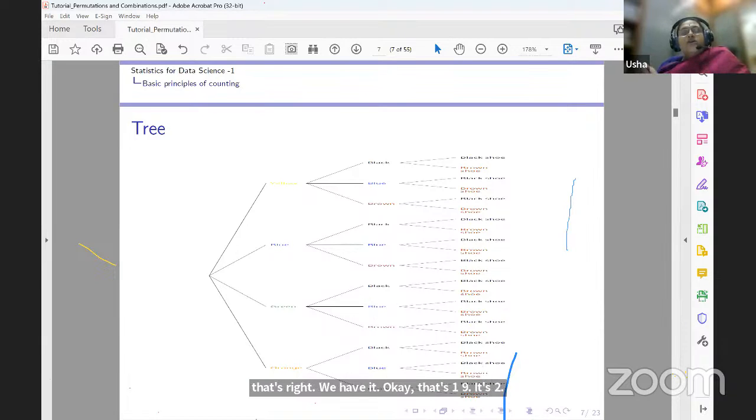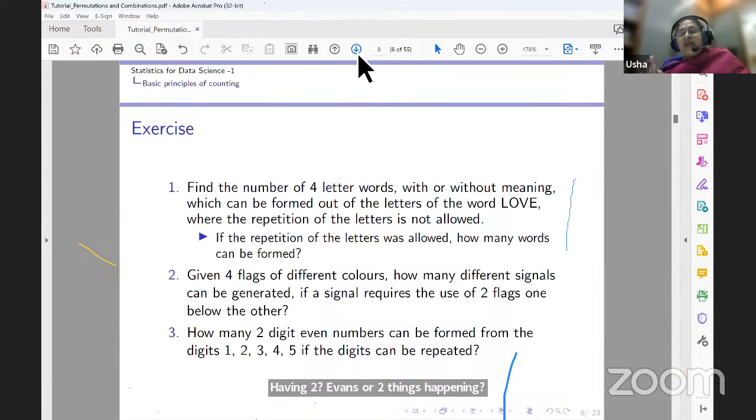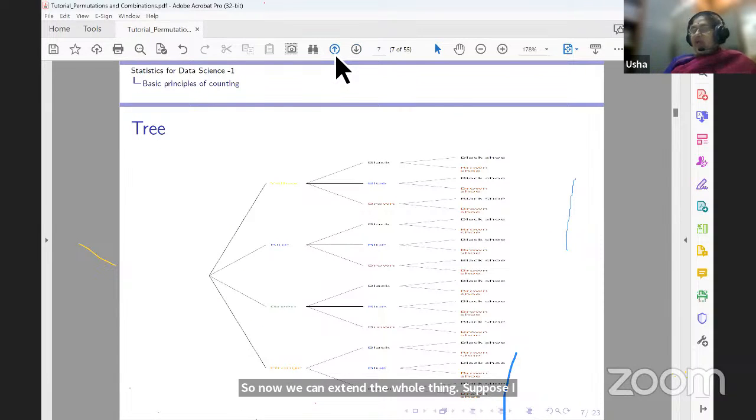Okay. So now this multiplication rule, we just started with having 2 events or 2 things happening simultaneously. So now we can extend the whole thing. Suppose I have 3 events happening. There are n1 ways of the first event happening.